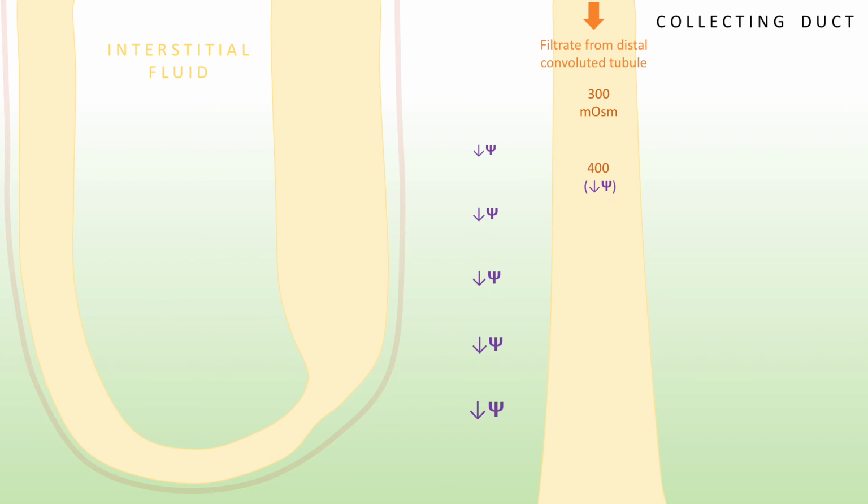That meets, or runs next to, interstitial fluid where the water potential is more negative. So again, water moves out by osmosis, carried away in the blood. And so that process continues the whole way down the collecting duct.